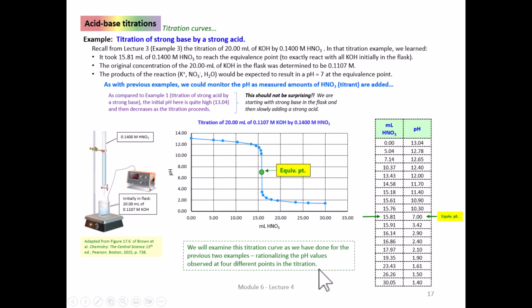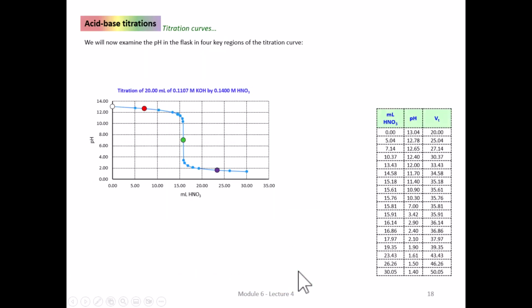Now, as before, for the other two titration curves we covered in part 1 and part 2, we'll look at this titration curve and try to rationalize the pH values we see at 4 different points in the titration. We'll look at the initial pH, of course, before any titrant is added.